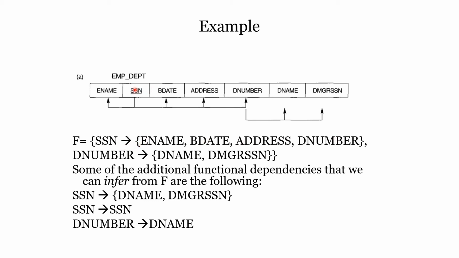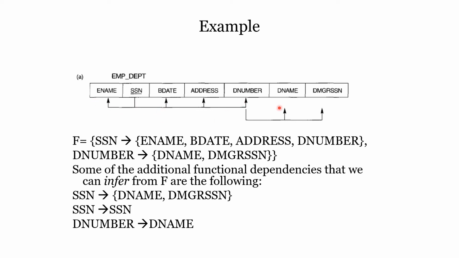SSN is the primary key, so it is related with all of the details of an employee. If we check with the SSN number, the whole employee detail will be opened in front of us. That's why we can say that SSN is functionally determining all the other fields of the records.